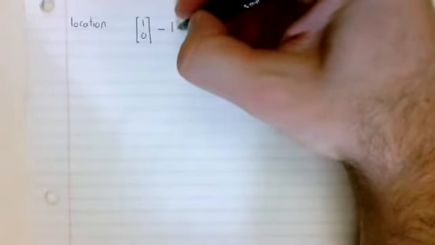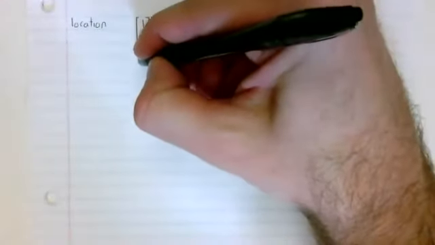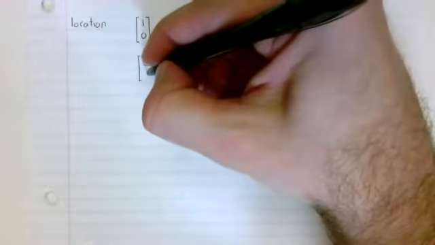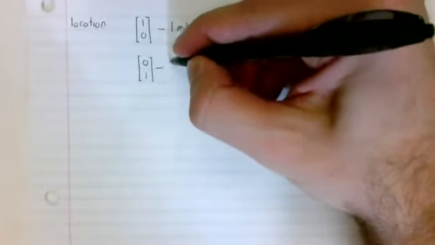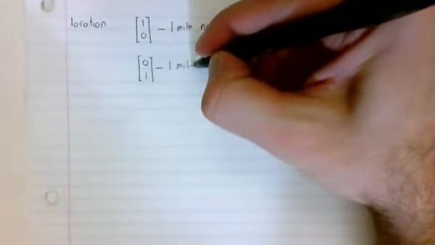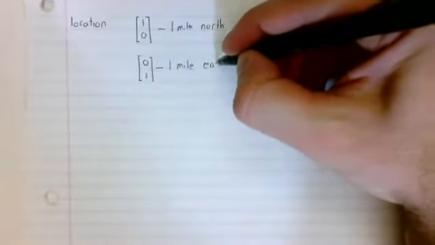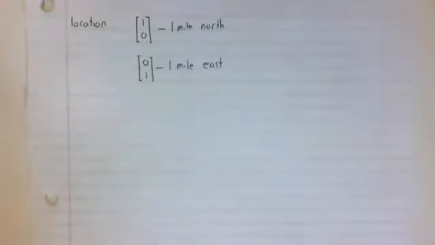The vector (1, 0) can represent 1 mile north of some starting location, and the vector (0, 1) can represent 1 mile east of some starting location.